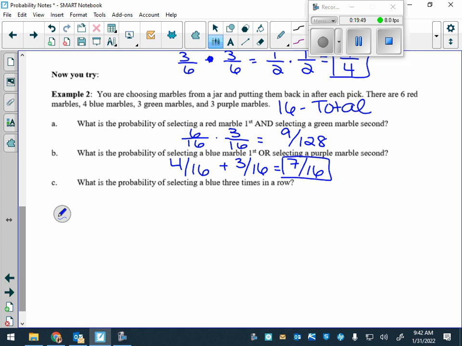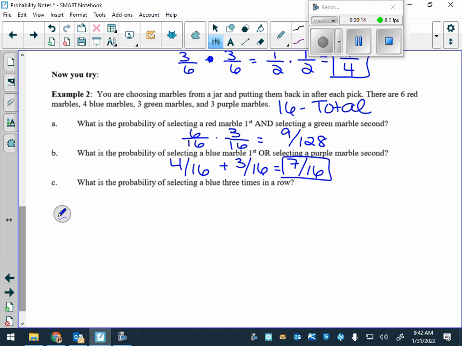In your OR, you are adding 4 out of 16 plus 3 out of 16. If you guys haven't noticed, I typically leave it with our total given instead of reducing, because we don't want to then find a common denominator if we needed to, or go back. All right?